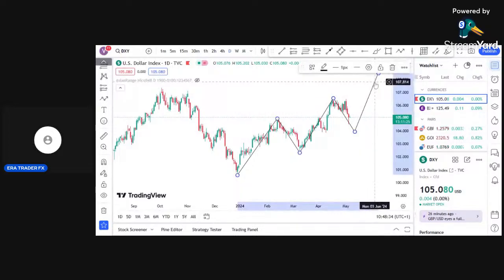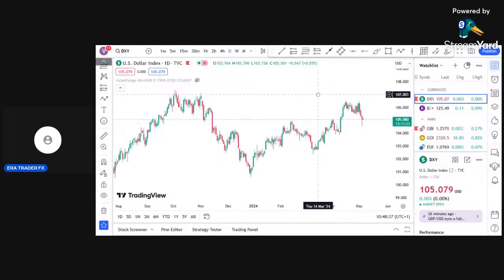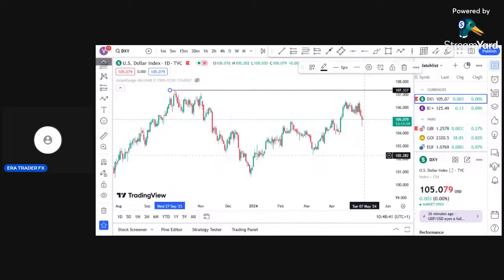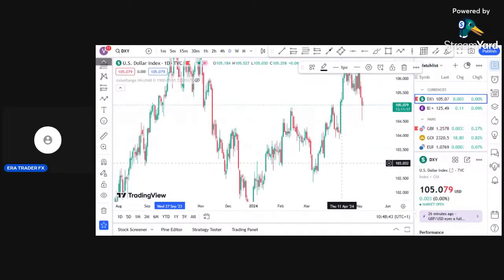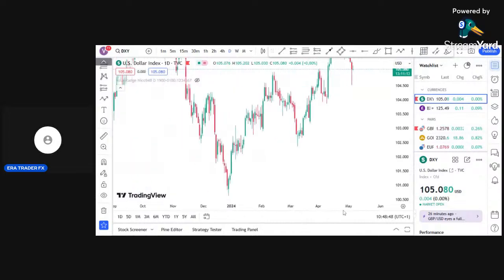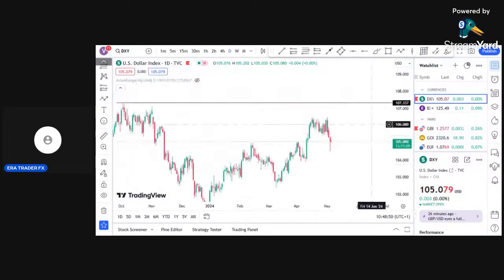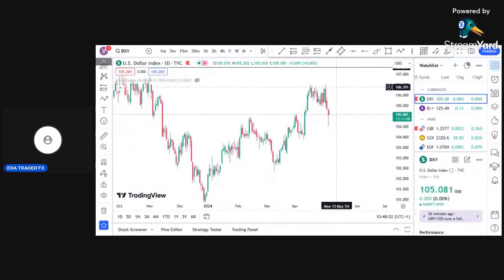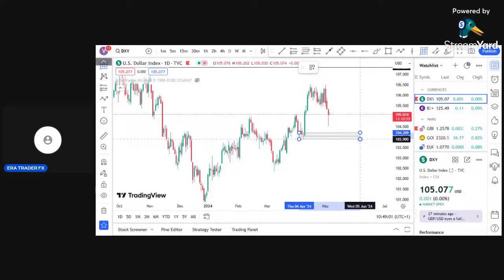So we have this zone to look out for, this zone, and this zone.